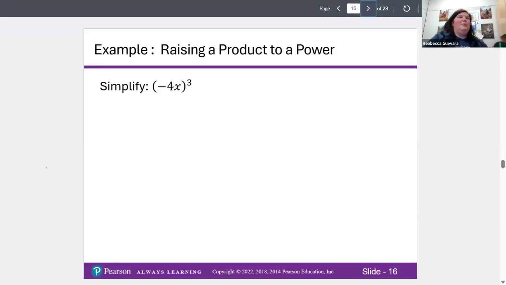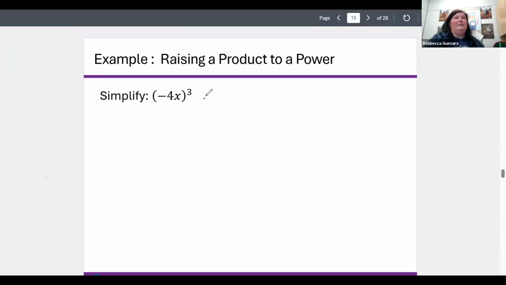So we want to use the product rule here. We have negative 4x to the power of 3. Well, that's going to be negative 4 to the power of 3 times x to the power of 3. Technically, to simplify this, I can get rid of this power here, because I just know that as negative 4 times negative 4 times negative 4.